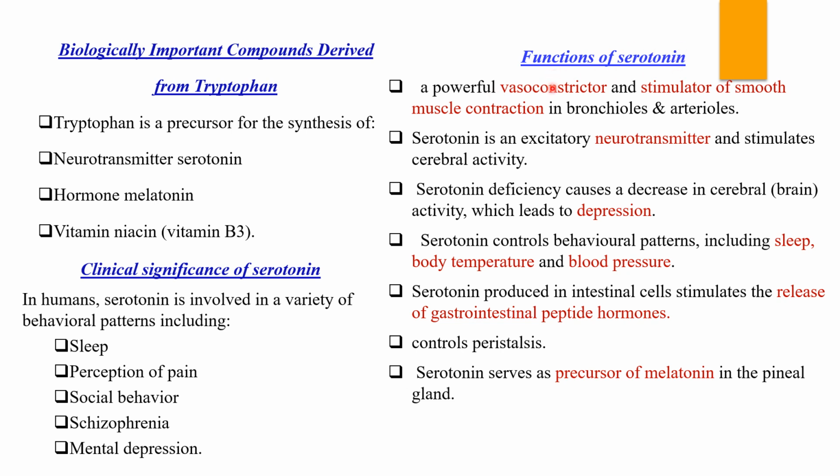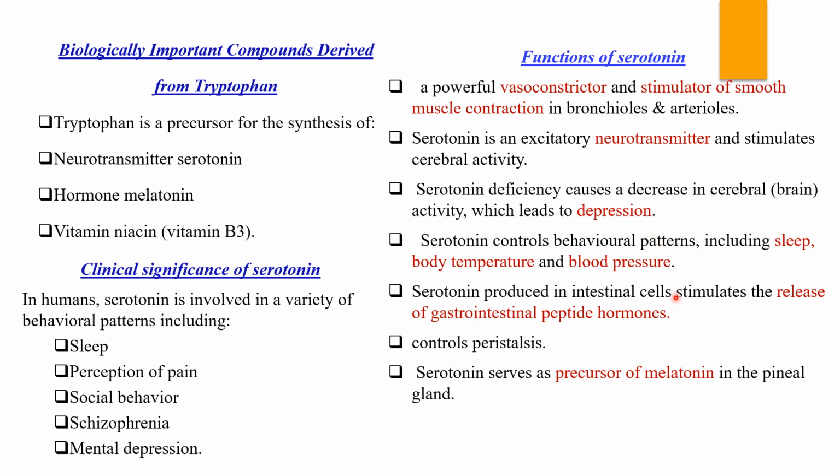Functions of serotonin: it is a powerful vasoconstrictor and stimulator of smooth muscle contraction in bronchioles and arterioles. Serotonin is an excitatory neurotransmitter and stimulates cerebral activity. It plays an important role in depression; in its deficiency, there is depression.